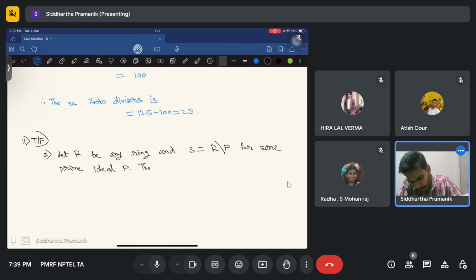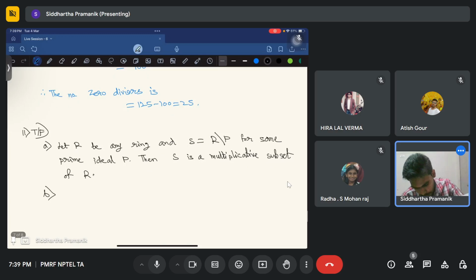Then S is a multiplicative subset of R. So this is true or false.